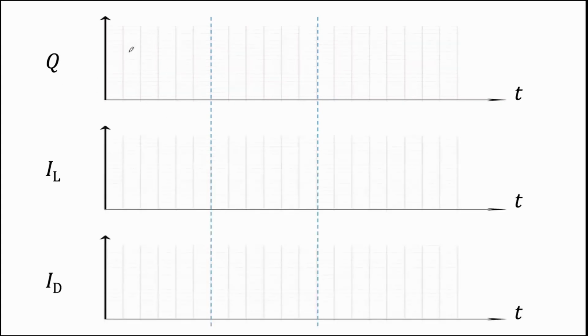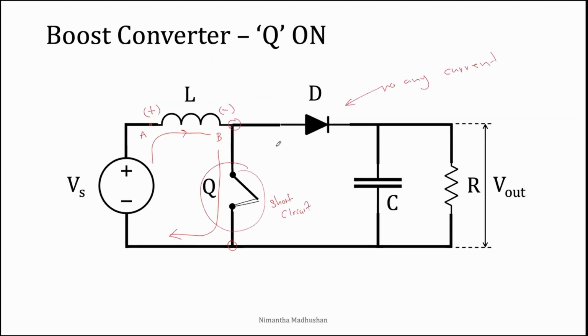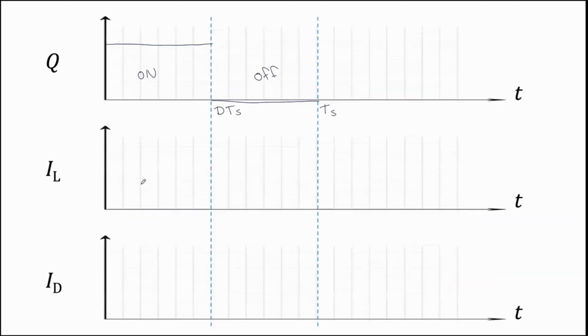If we consider the operation of Q, this time is dT, duty cycle times total time, and during this period, Q is on, and during this period, Q is off. If we consider the inductor current while Q is on, the inductor stores energy from the source, and the inductor current will start from IL min and go up to IL max.